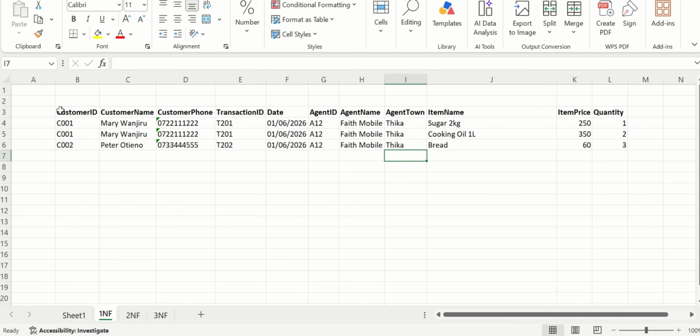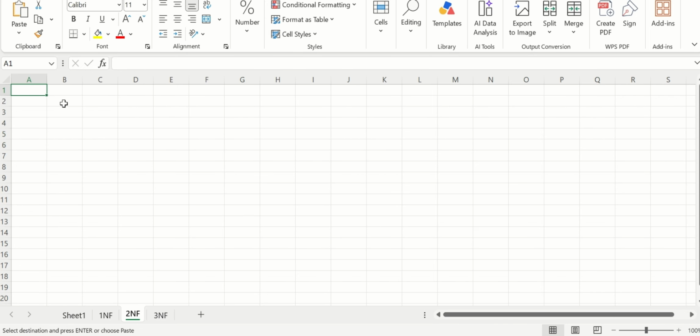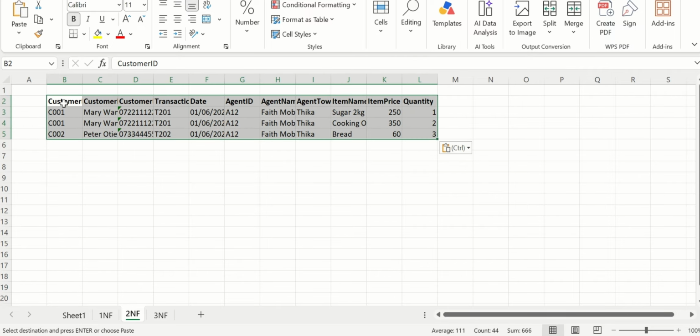So let's copy this, and then we take it to second normal form.